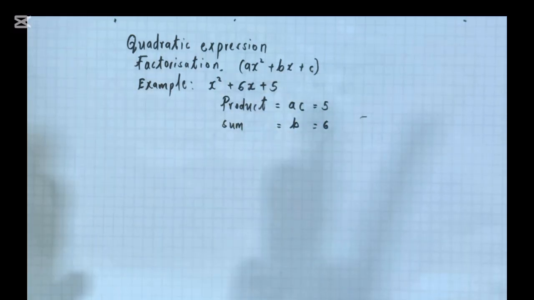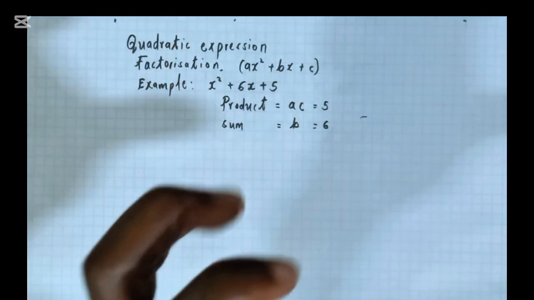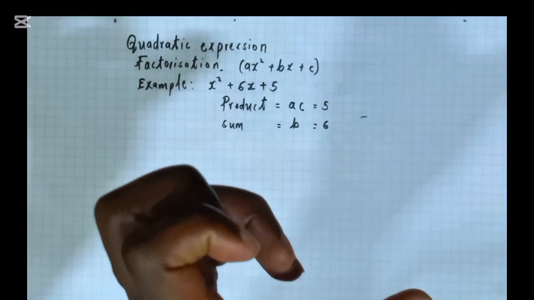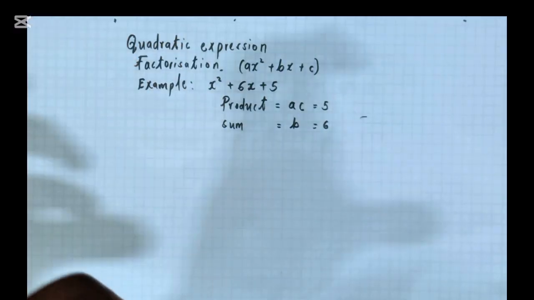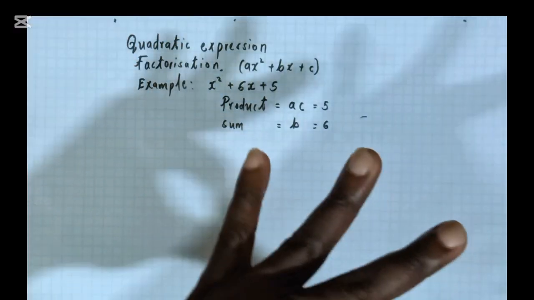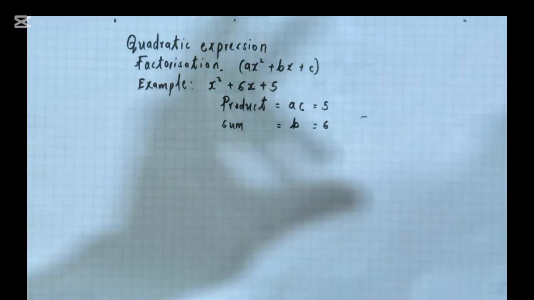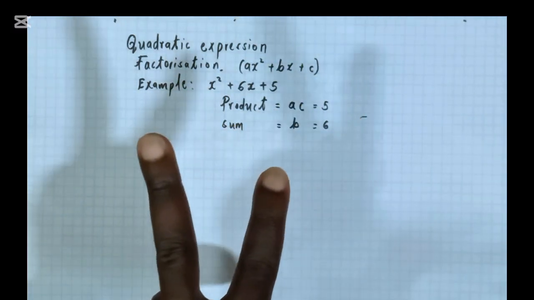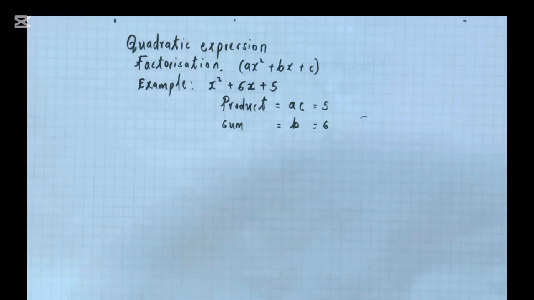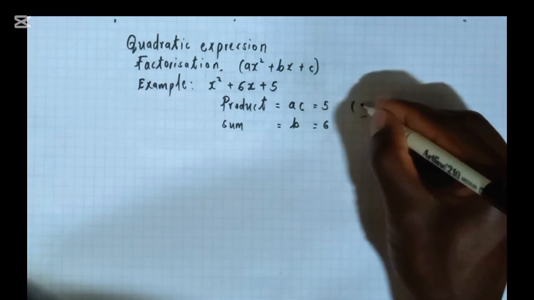Now I want you to think of all the factors of 5. When you take 5 times 1, it gives you 5. So those are two numbers that when multiplied together give you 5, that is 5 and 1.